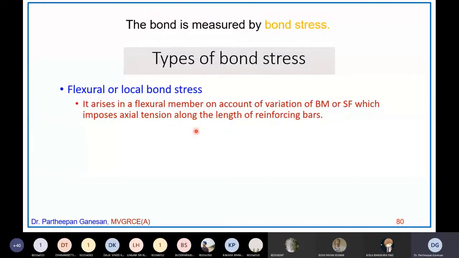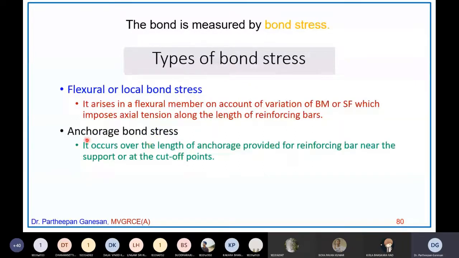I will explain in further slides what is meant by local bond stress. The second one is anchorage bond stress. It occurs over the length of the anchorage provided for reinforcing bar near the support or at the cutoff point. These we are going to see. But for now, remember there are two types of bond stress: one is flexural or local bond stress, another one is anchorage bond stress.